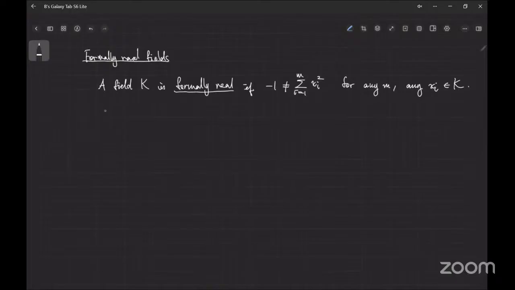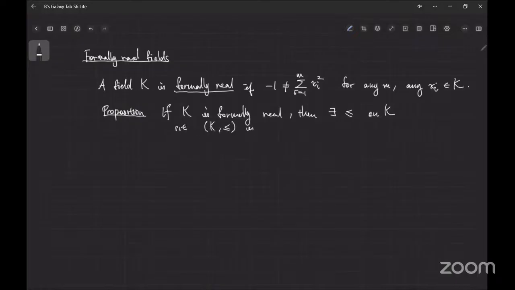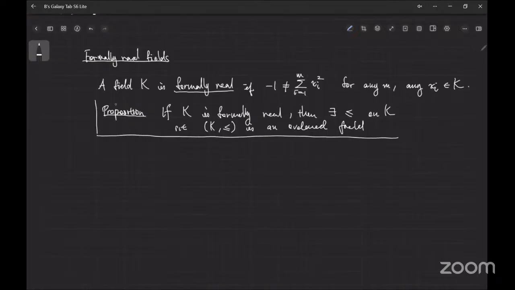So proposition: if K is formally real, then there exists an ordering on K such that K with this ordering is an ordered field. Okay, that's what we want to prove.